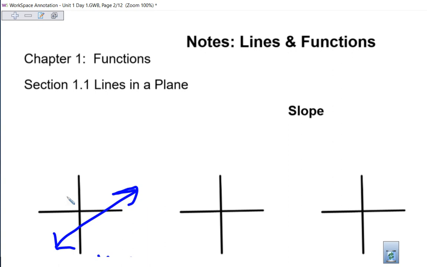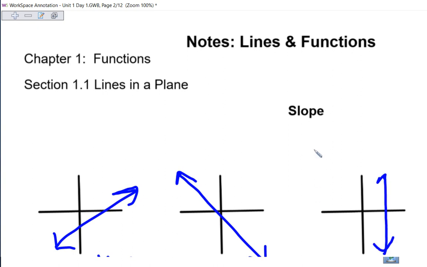Okay, after positive slope, what's the next type of slope we always talk about? Negative slope. So from left to right, it's decreasing. And then we have our 2 special types of slope.